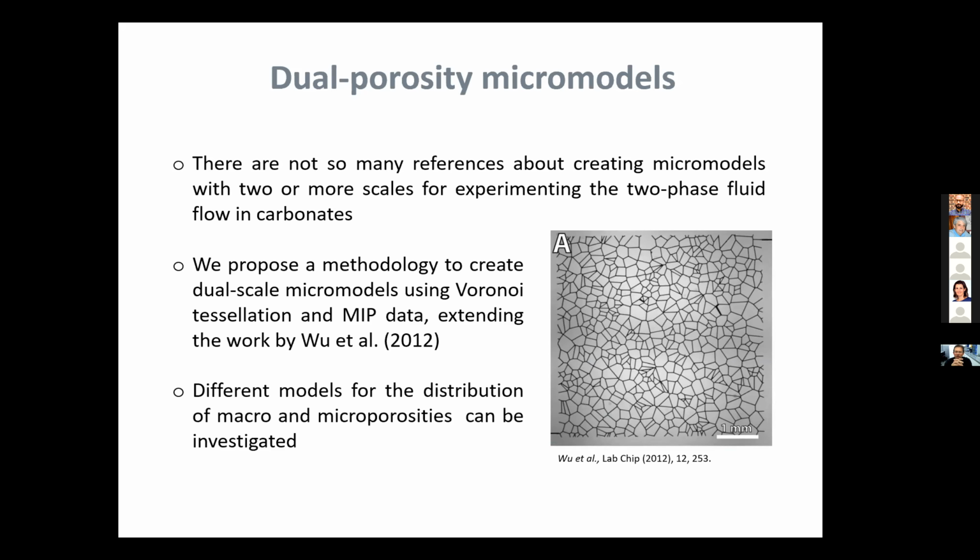For example, we can consider mercury intrusion porosimetry in the creation process. It extends the work introduced by Wu in 2012. As we can see, you can create different models of distribution of macro and micro porosity considering this kind of approach.